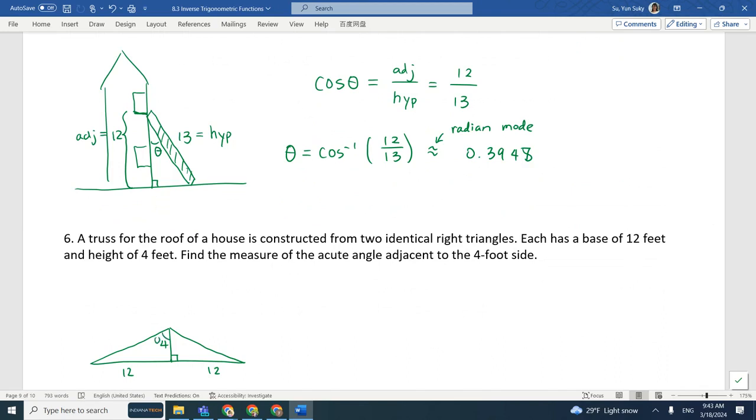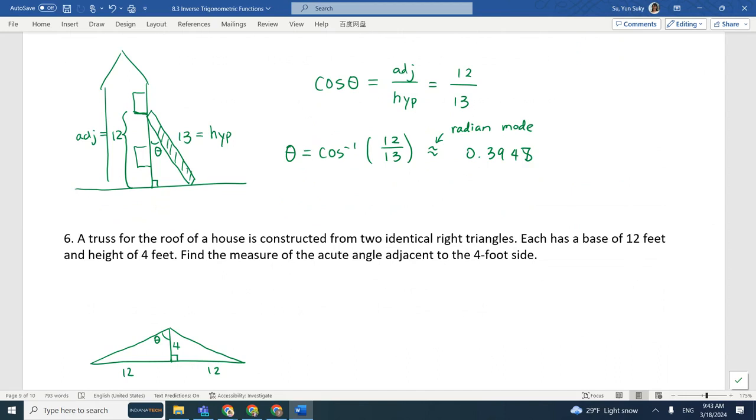Find the measure of the acute angle adjacent to the 4 foot side. So we're looking for this. Let me put the 4 next here. So we're looking for theta. Everybody okay with the picture? Okay, so we have 2 right triangles, but we just need to look at one of them. We don't need to look at both of them.